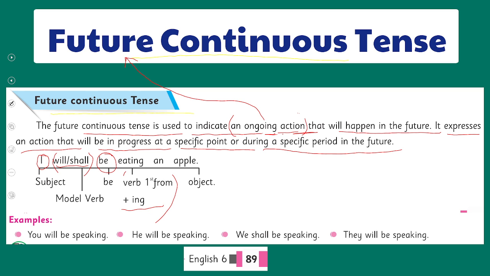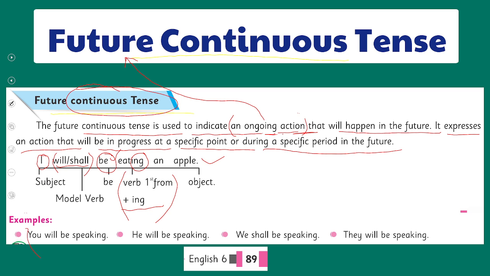We have to use ing with the first form of the verb. So what will the sentence become? I will be eating an apple. So we have to insert be, we have to insert ing with the first form of verb, and the sentence becomes the future continuous tense. So this is how a future continuous tense is formed.